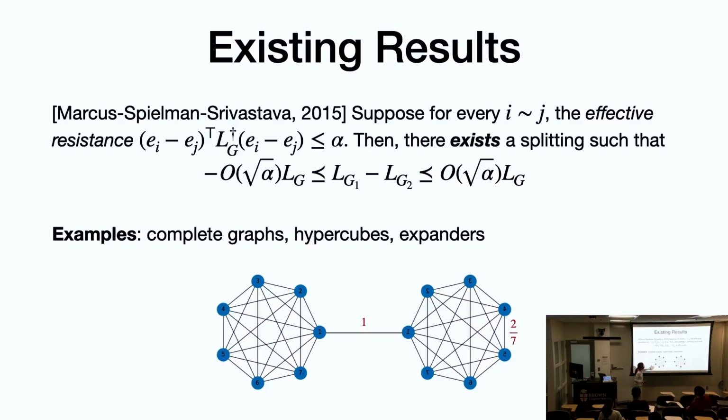So if I want to split the edges of this graph, no matter how I split the edges, at least one of G1 and G2 must be disconnected, meaning that the Laplacian of the subgraph has at least 2 zero eigenvalues. So if I look at the difference, I get the trivial bound 1 here. So this bound really depends on the maximum effective resistance.